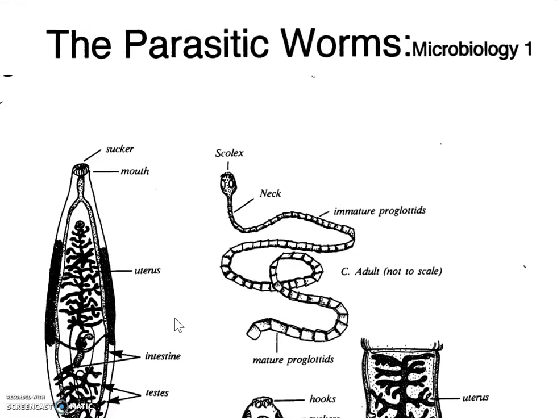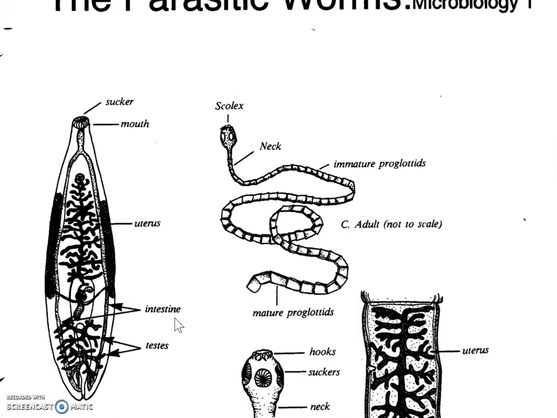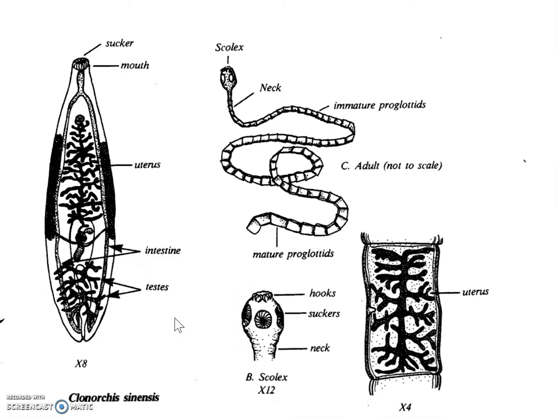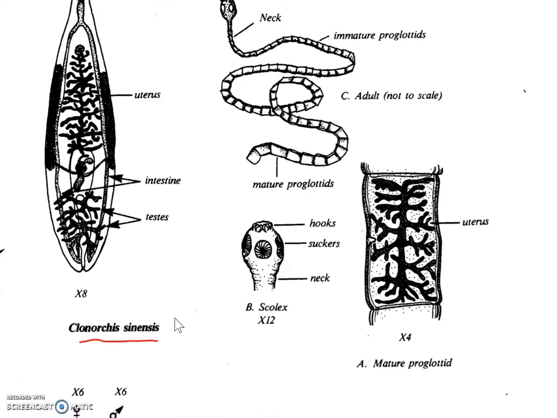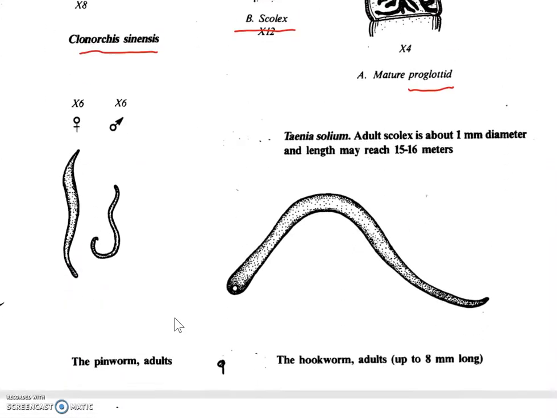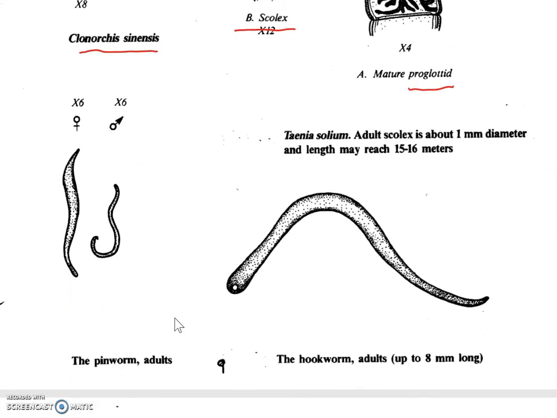Here are some images that you might find useful for the parasitic worms. So here the scolex of a tapeworm, and then the segments, they're called proglottids. And here will be a Chinese liver fluke, Clonorchis sinensis, right here. Then here you have a pinworm, the adults, where the female is larger than the male, and they sort of live together, hug each other all the time.